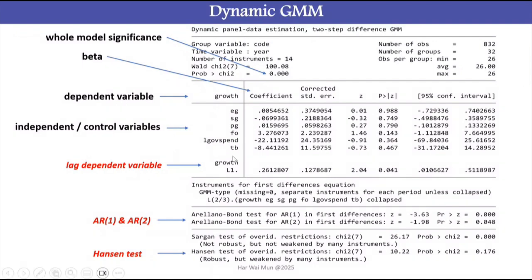Because if this lag dependent variable is not significant, then you come back to your reason why you must use dynamic GMM. You use dynamic GMM because you think this lag dependent variable is significant and affects the model, right? So you take it out explicitly like that. If this one is not significant, that means you delete this one. Looks familiar, right? It's just like a static model, correct? So this one most likely is significant, and in this case it needs to be significant.